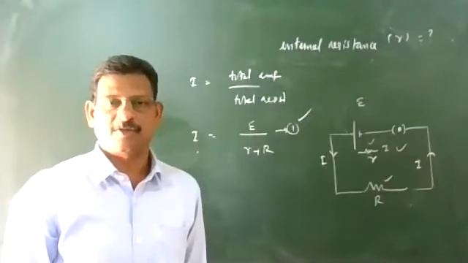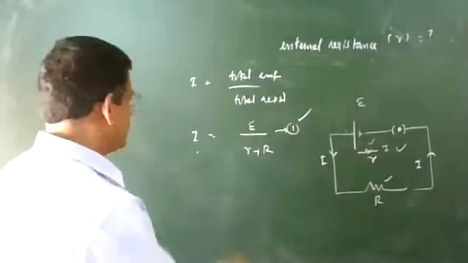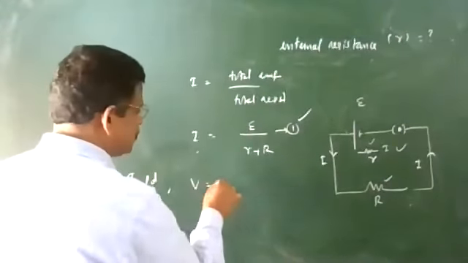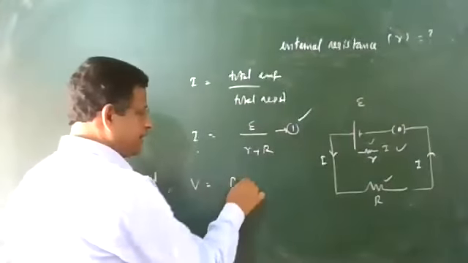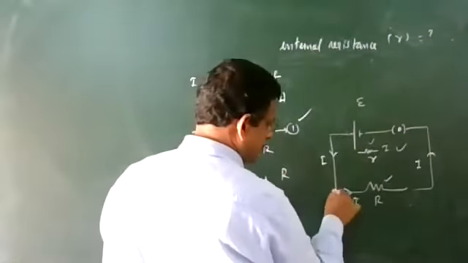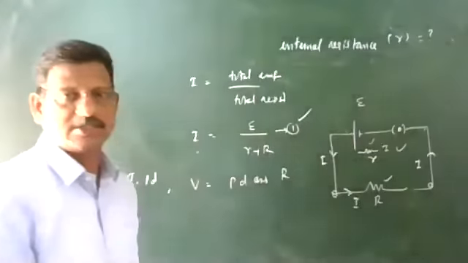What is the PD across the cell? Current is flowing, so what is the PD under this condition? Terminal potential difference V is equal to the PD across R. Current is flowing through it, so what is the PD across R? That is the same as the PD across the terminals of the cell.